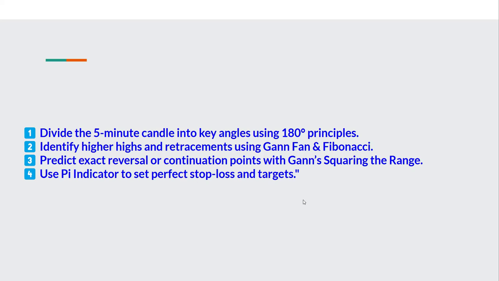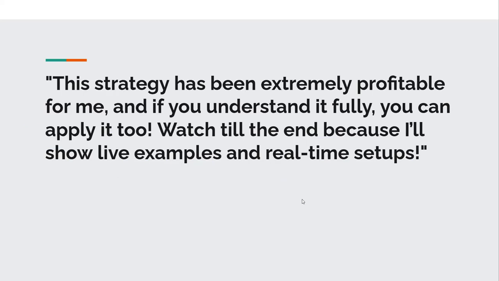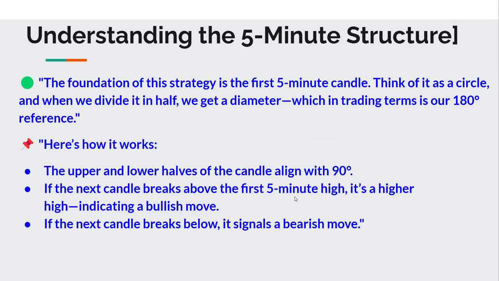Use the pi indicator to set perfect stop loss and targets. This strategy has been extremely profitable for me, and if you understand it fully, you can apply it too. Watch till the end because I'll show live examples and real-time setups.